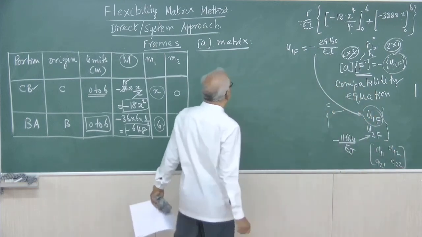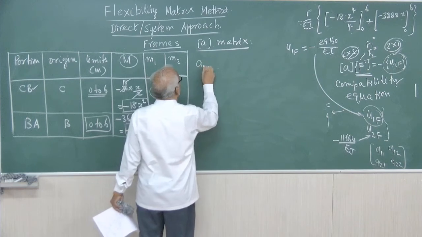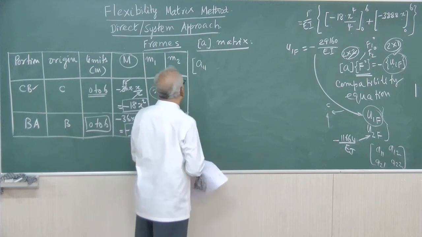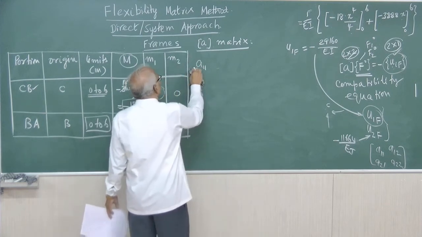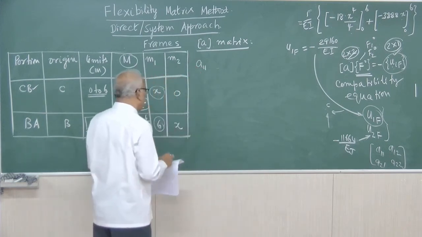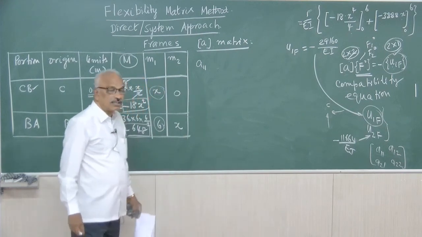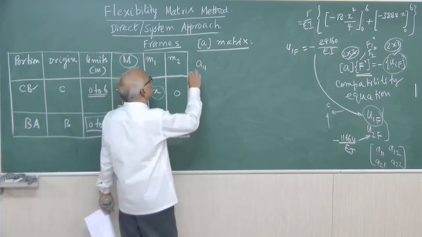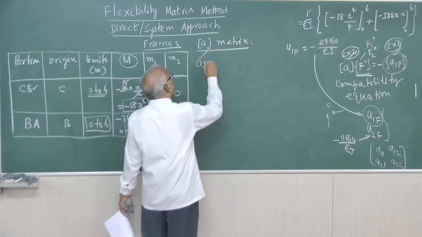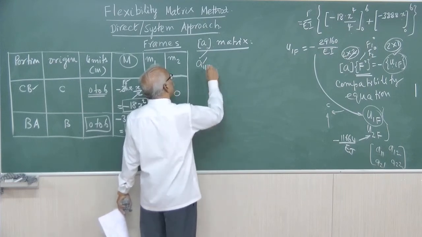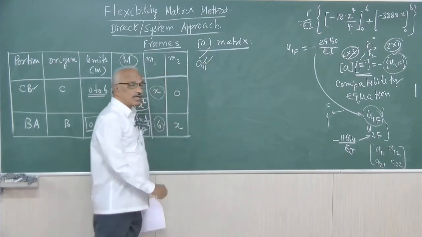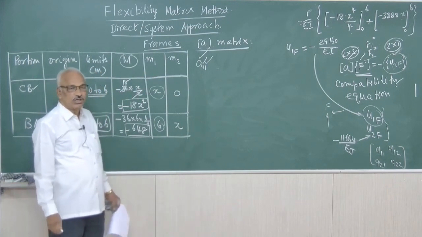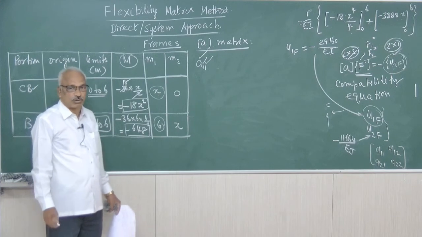Now, A11 we are going to get by applying unit value of redundant 1. The term flexibility coefficient we know already. It is the displacement at coordinate 1 due to unit force at coordinate 1 only. We are applying unit force along coordinate 1 only.